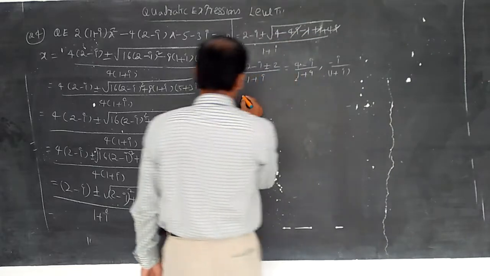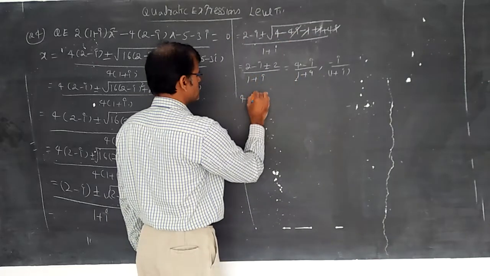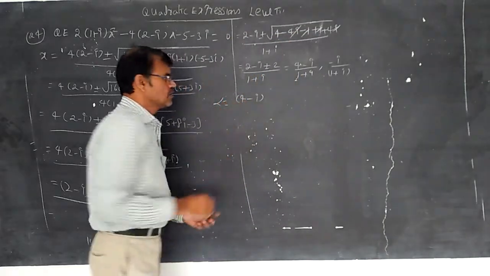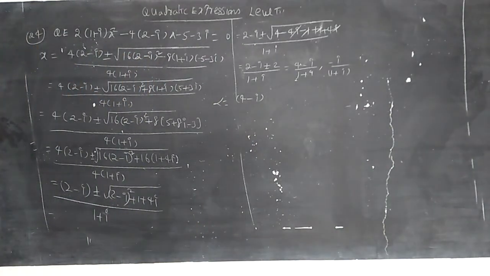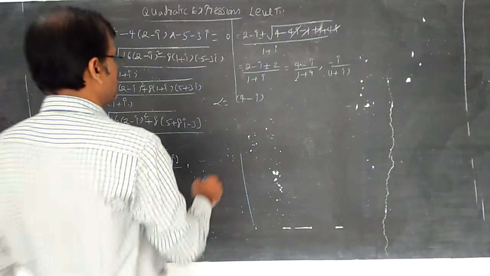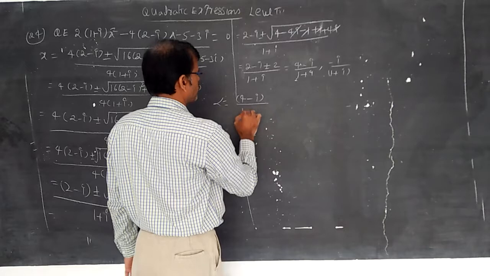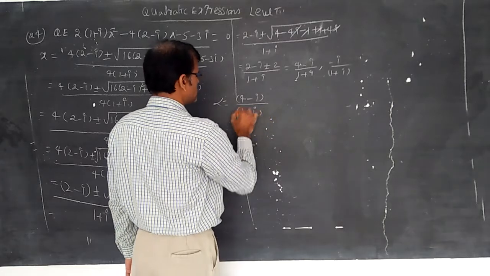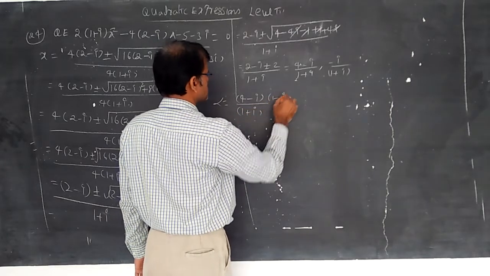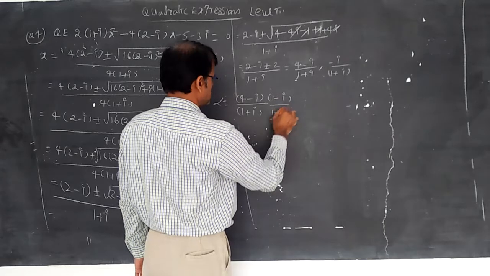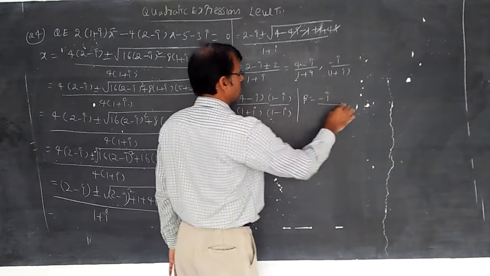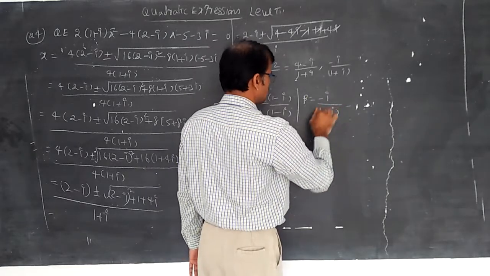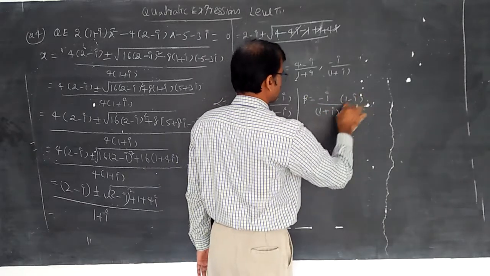Now we should rationalize, so that means we should multiply. This is alpha. We should multiply with the conjugate complex number to the numerator and denominator. 4 minus i by 1 plus i into 1 minus i by 1 minus i. This is the form.